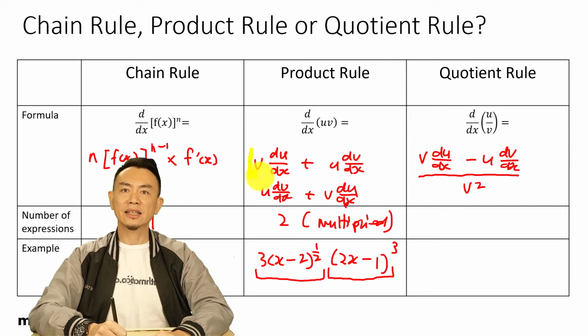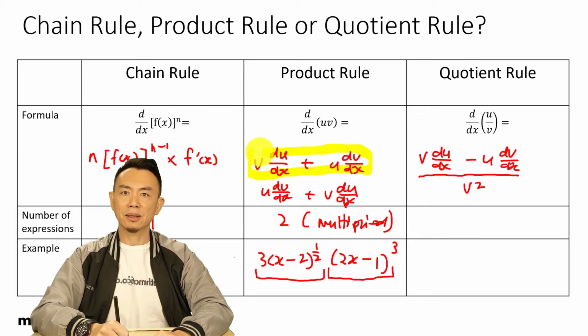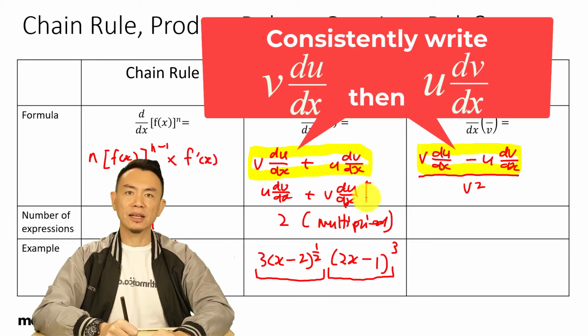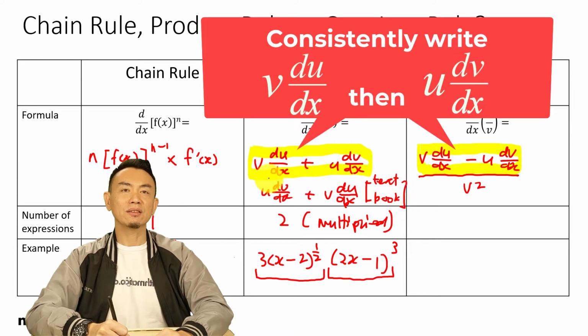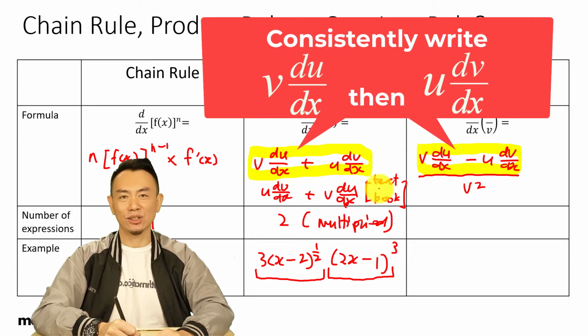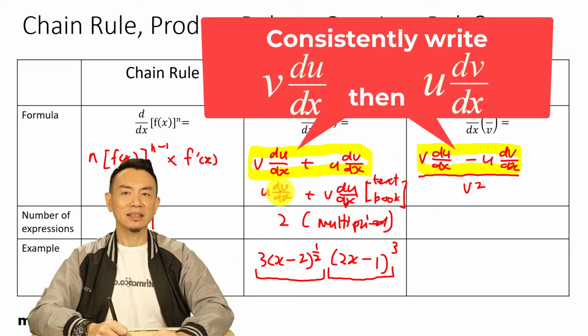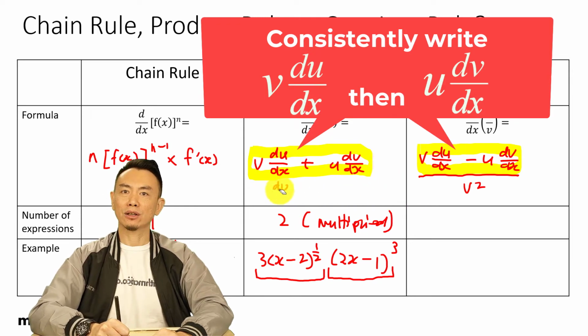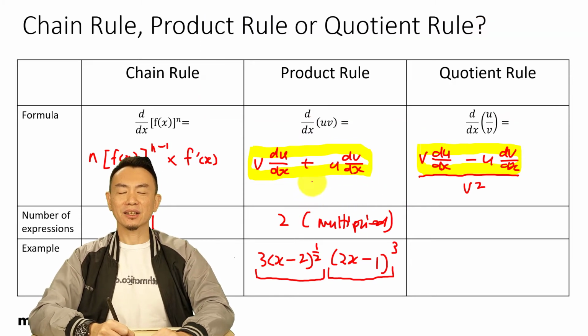So then you can see that v du dx plus u dv dx, v du dx minus u dv dx, it's consistent. But if you memorize this from the textbook way, then you see the u dv dx is the first term, but over here u dv dx is the second term. It's inconsistent. So I would not recommend that you memorize the product rule formula this way. It's confusing, and it's going to cause you to write the formula wrongly.